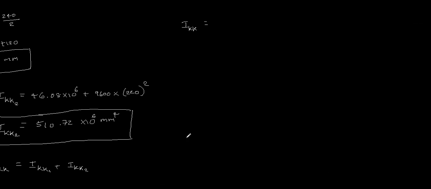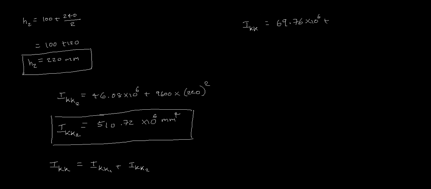So write down here 69.76 into 10 power 6 plus. So what is the Ikk2 here? Go through the value, whatever we have calculated, which is plus 510.72 into 10 power 6.